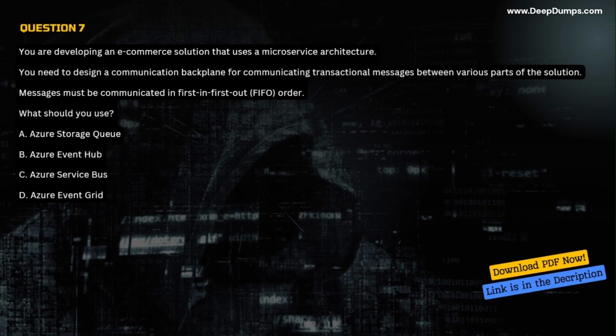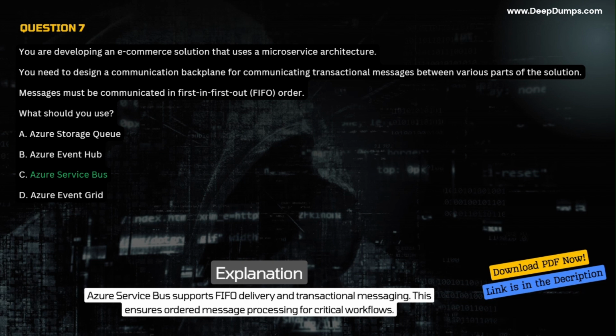B. Azure Event Hub. C. Azure Service Bus. D. Azure Event Grid. Correct answer, C. Azure Service Bus. Explanation. Azure Service Bus supports FIFO delivery and transactional messaging. This ensures ordered message processing for critical workflows.